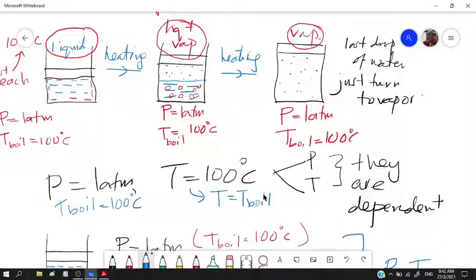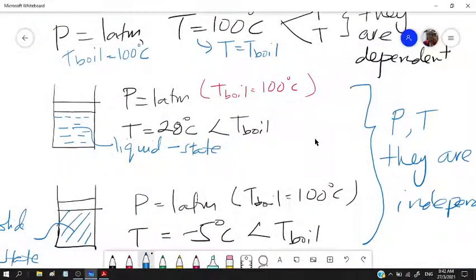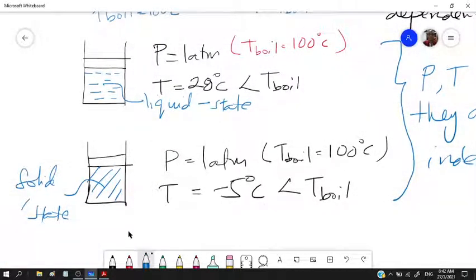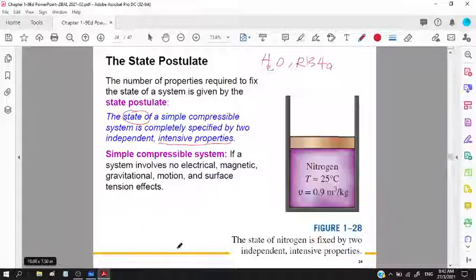So they are dependent in this case, whereas for the other two states given right here, they are not dependent, because we can clearly specify the state: 1 atm and 28 degrees C, 1 atm and -5 degrees C, in this case liquid, in this case solid. So this is the use of what we call the state postulate. Okay.